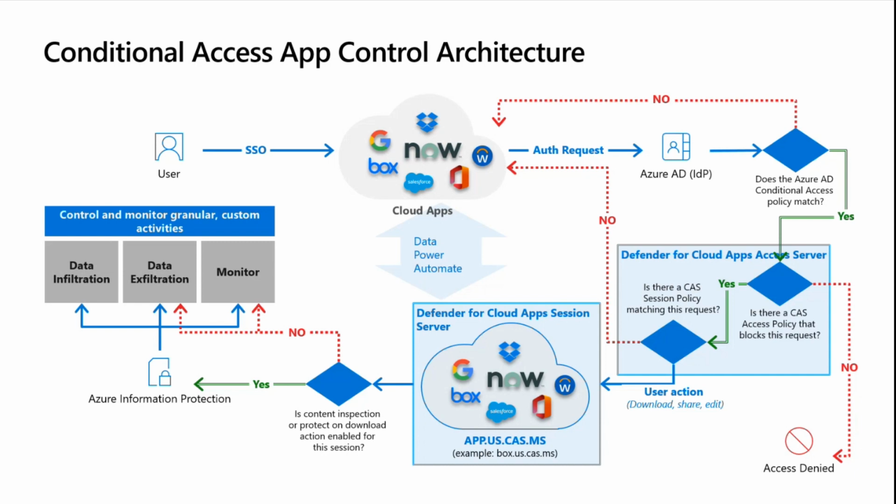Now, you might be wondering how it gets done, right? Specifically when SaaS applications can be connected directly over the internet from the user's device without touching any internal network hardware, right? I might be sitting at home using my phone to go directly to the application over my internet, right? How will Defender for Cloud Apps even have control over this?